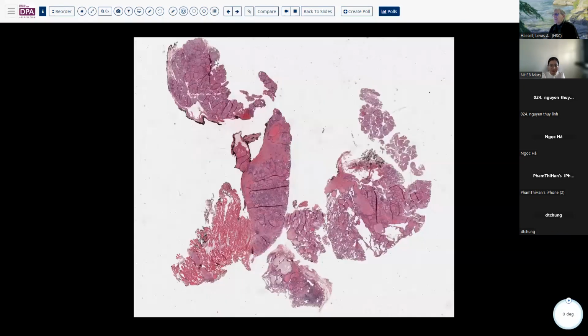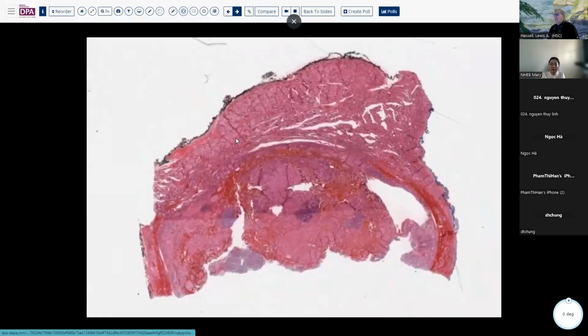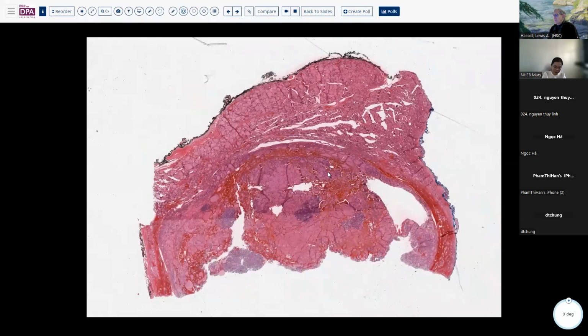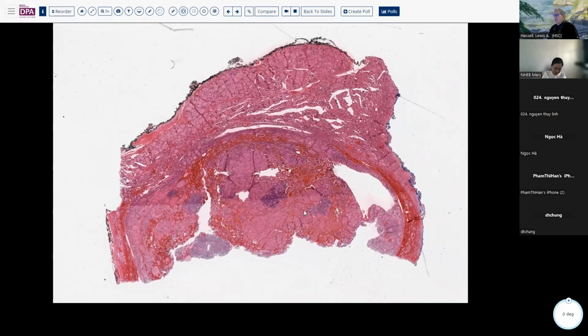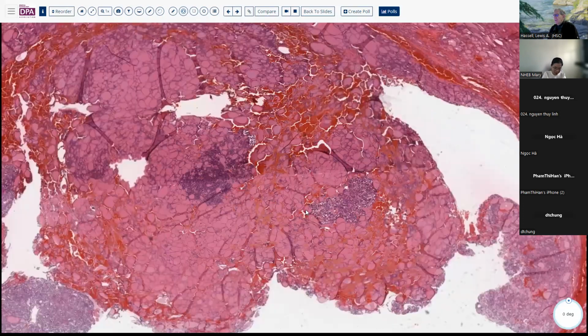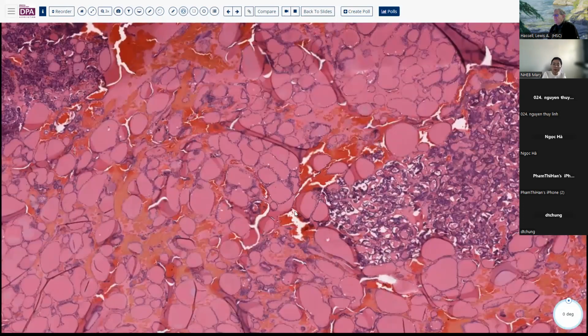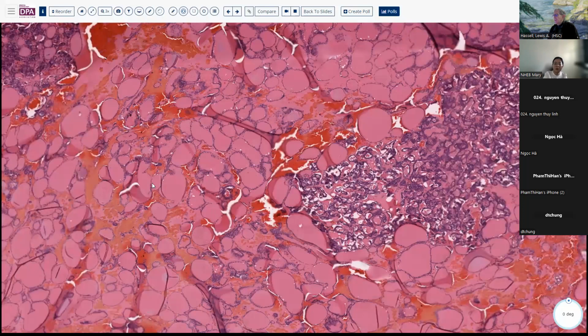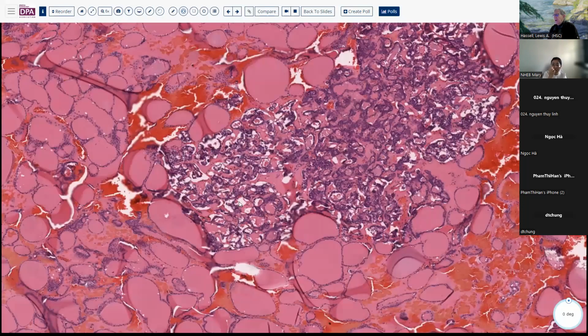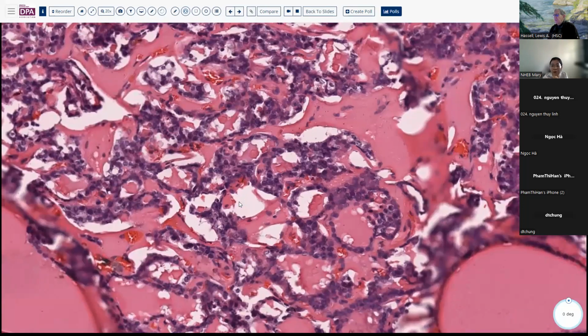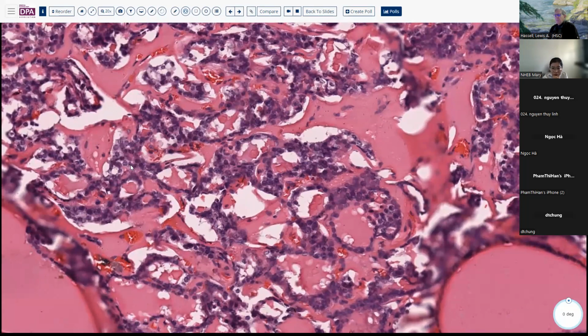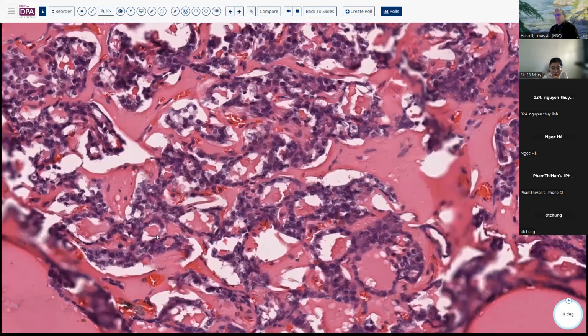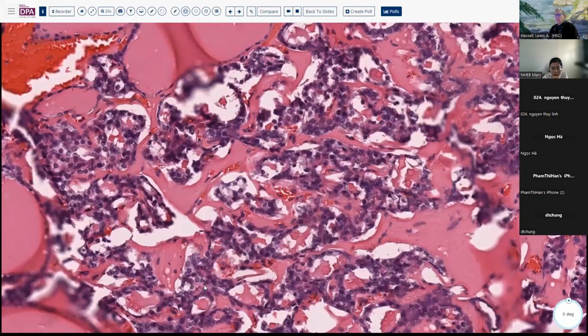I'm going to actually skip this case. One of the lesions that causes us a lot of challenge is the new classification of the follicular lesions that have nuclear features of papillary carcinoma.